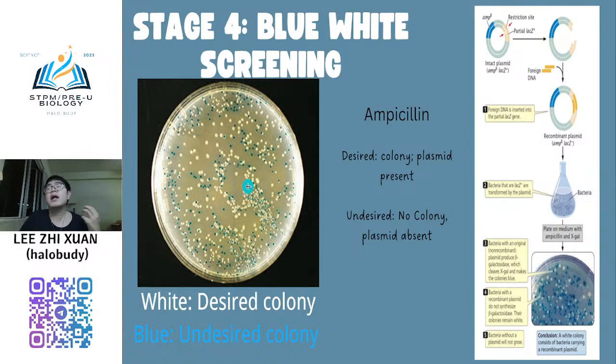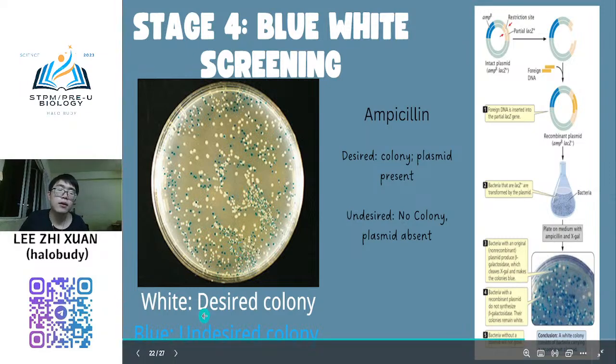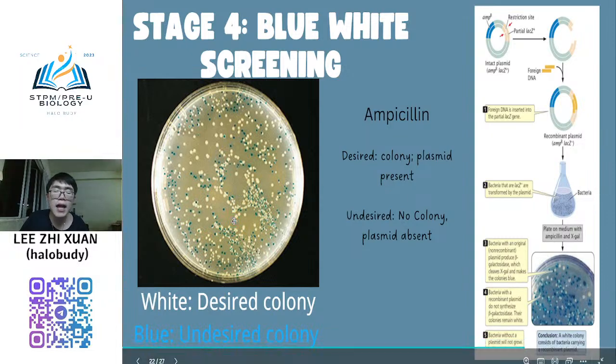Okay, so my question is, what is the desired colony that we want, blue or white? So you see here, we say that white is the desired colony, meaning that white is the colony that contains recombinant plasmid, meaning that the white colony is the E. coli cell yang kami nak.